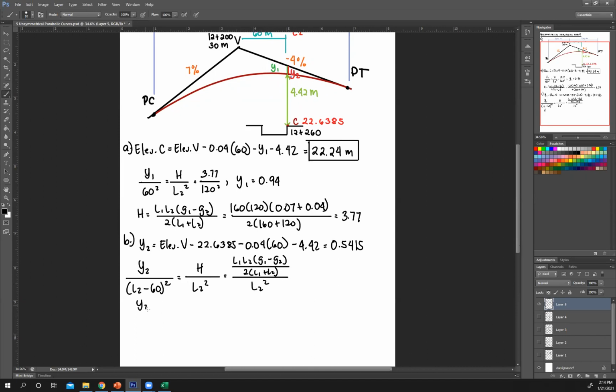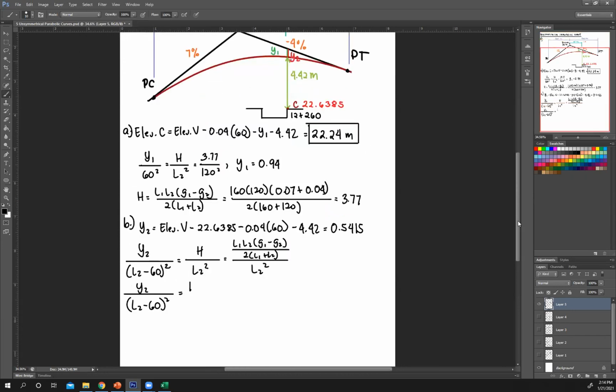So you get Y2 over L2 minus 60 squared equals L1 is just the same 160, right? Yep.